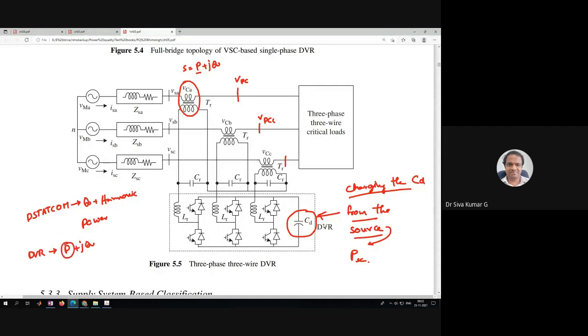Coming back to the real power, as I said, it requires a battery, but in some of the literature, some authors charge the capacitor from the source itself, the way it has been done in the DStatCom. But the problem is, when you have a sag, what does it mean? When you have a sag at this particular point, what exactly does it mean?